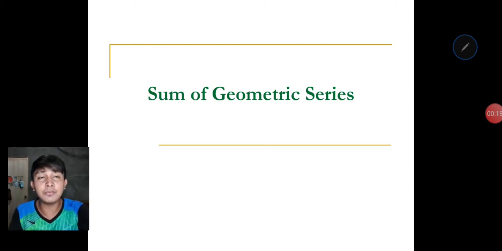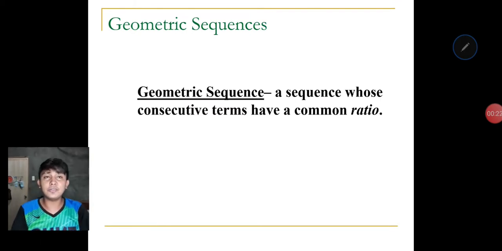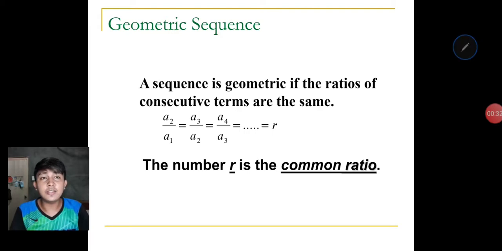Okay, before we proceed to the lesson proper, let us first define again a geometric sequence. It is a sequence whose consecutive terms have a common ratio. And a sequence is geometric if the ratios of consecutive terms are the same.